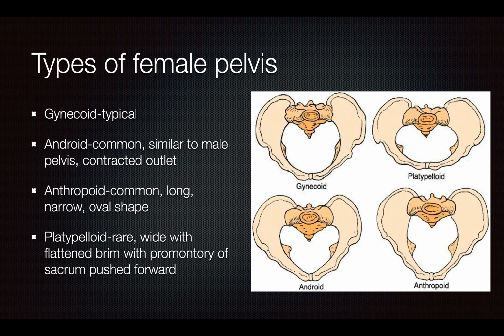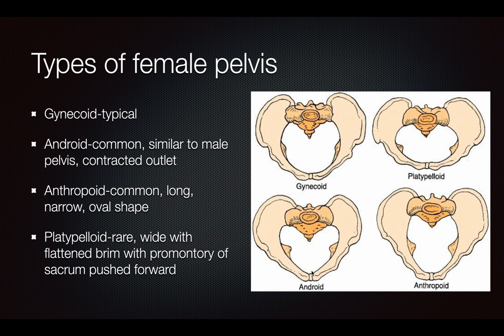Okay, so these are the different types of the female pelvis. The gynecoid is the typical female pelvis with a shallow false pelvis and a nice, almost roundish outlet. And then the android is going to be much more similar to a male.